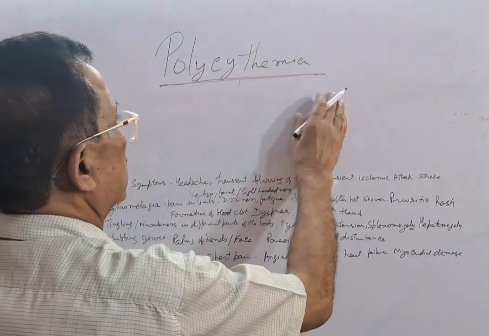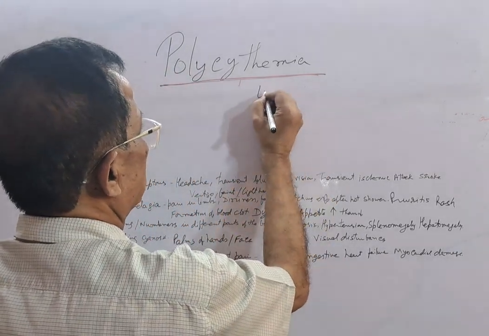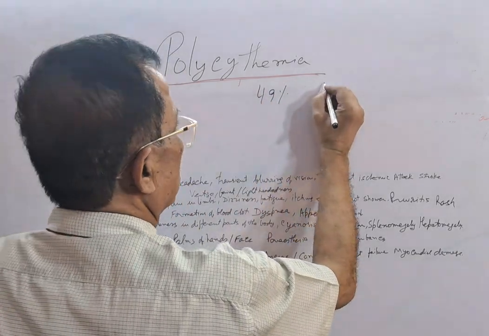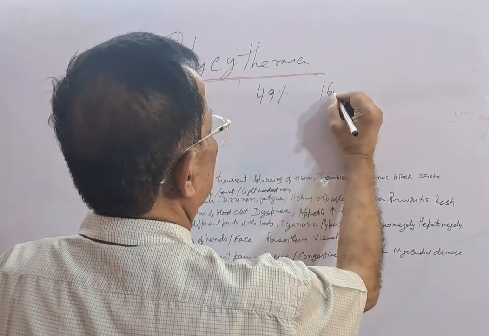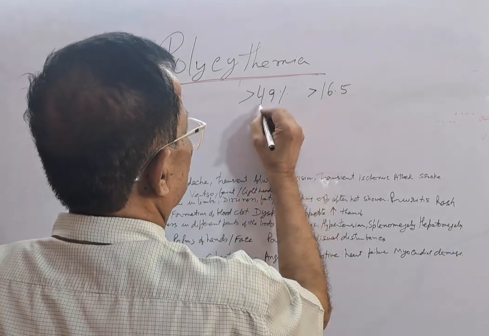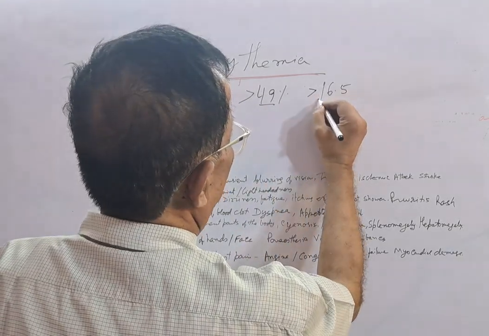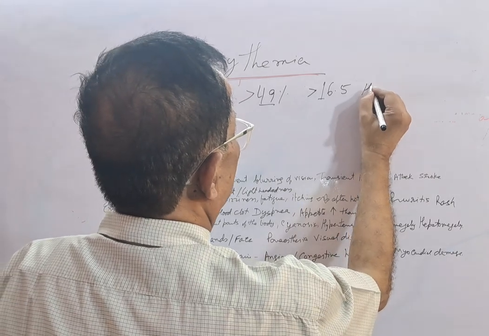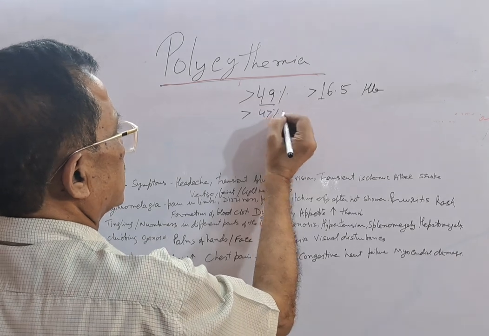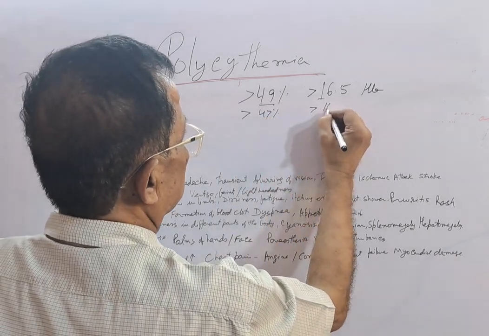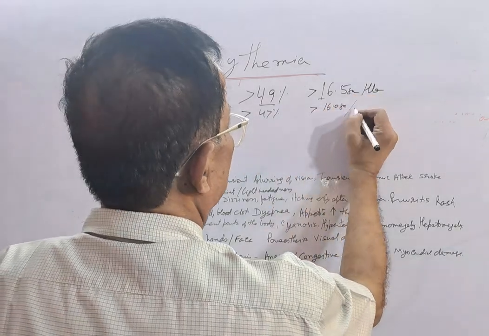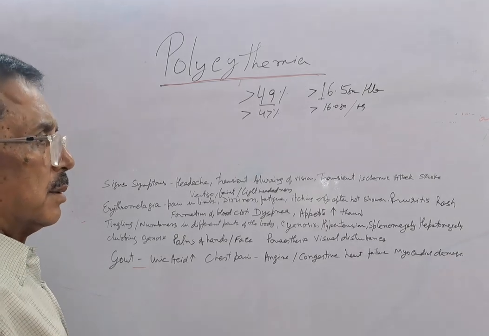Hematocrit value in male is more than 49%, and hemoglobin concentration is 16.5 gram percent. In females it is more than 47% and hemoglobin is 16 gram percent. Then it is known as polycythemia.